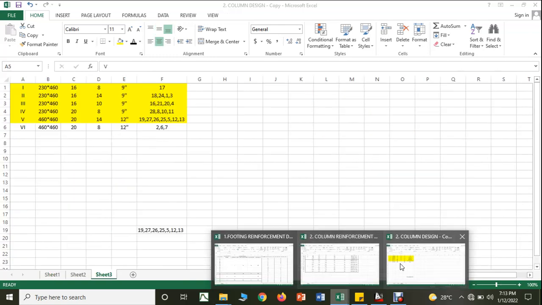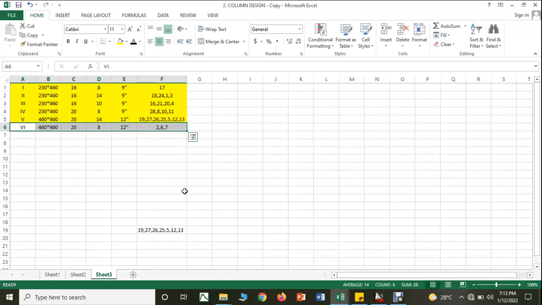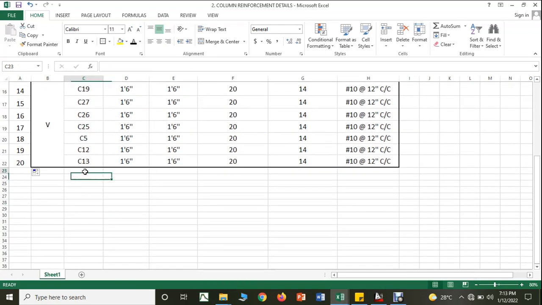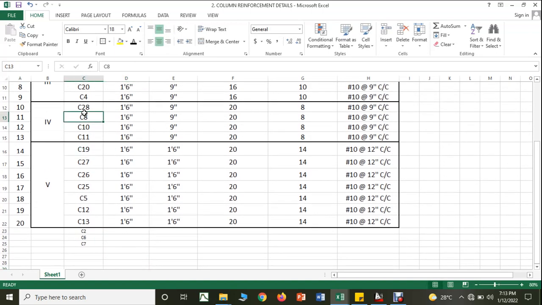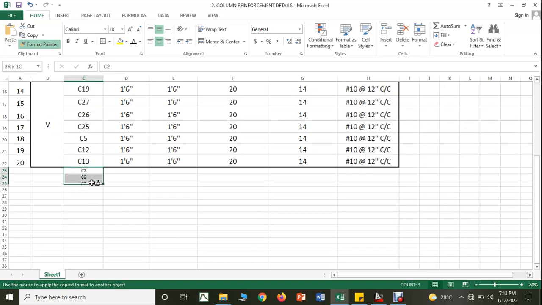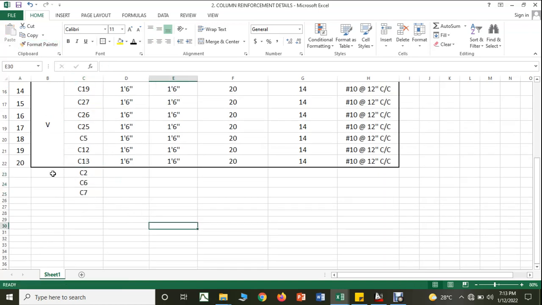Then the last group that you can expect is group 6. It is only one, it is 3 columns: 2, 6, 7.